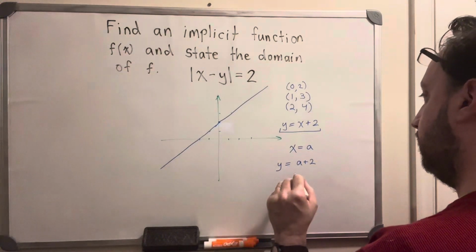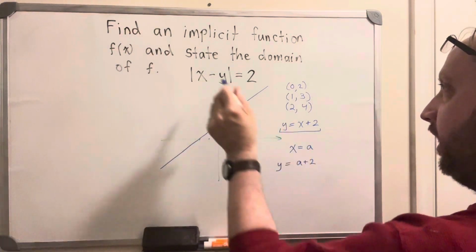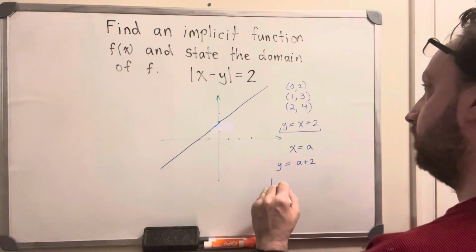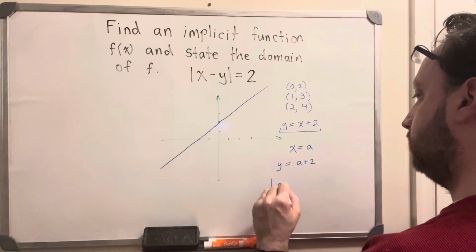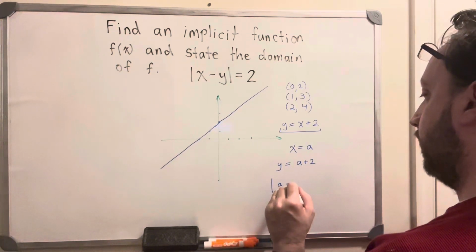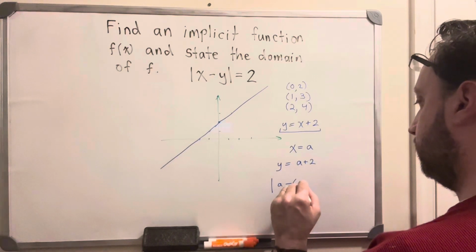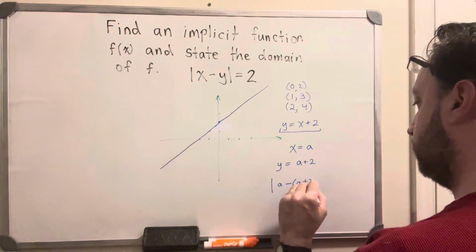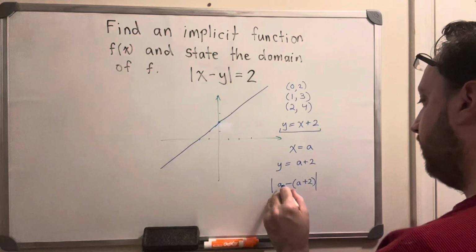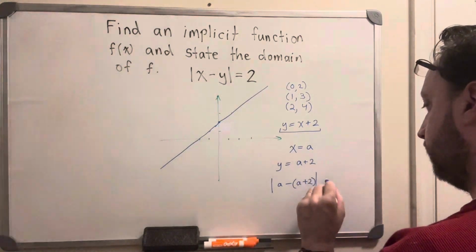Now, if x is equal to a, and we're subtracting y, which is a plus 2, a minus a plus 2 is negative 2.